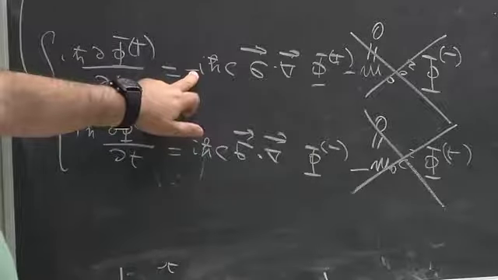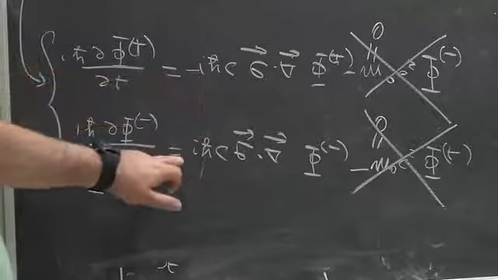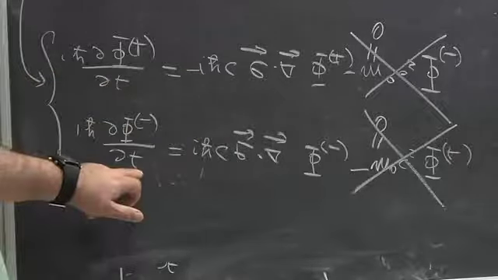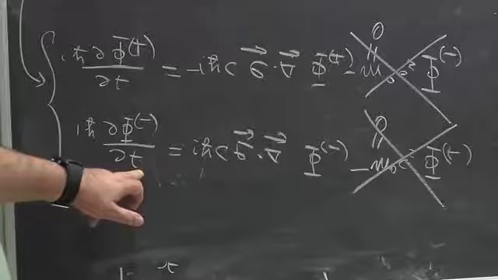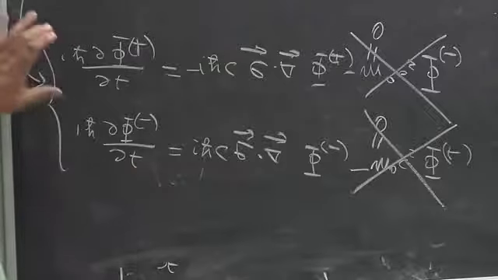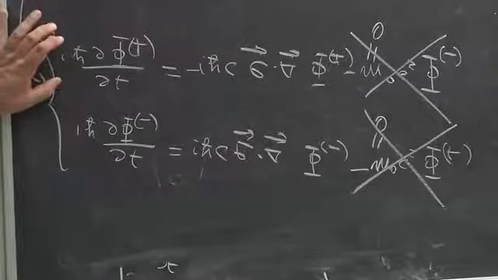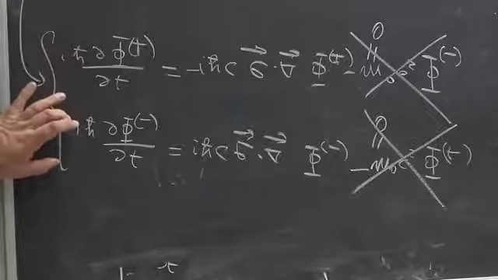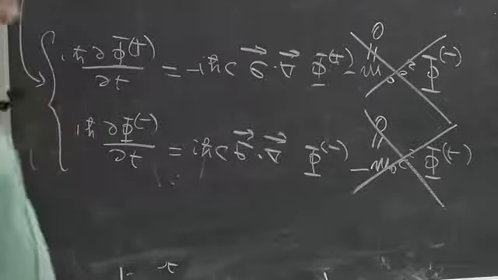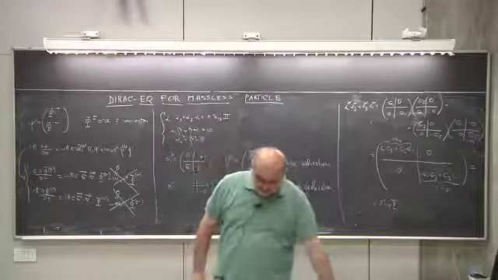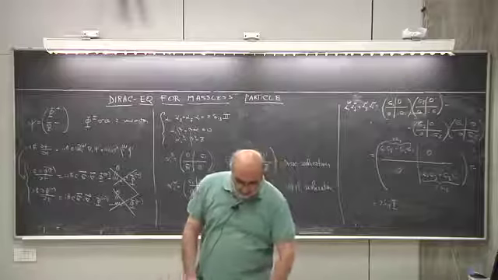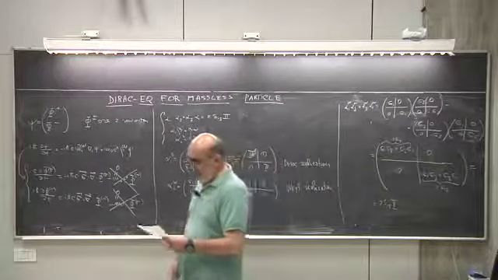One is the same as the other if t goes into minus t, so one equation is enough, either this or this. In the Weyl representation, when you have no mass, the equation becomes equivalent to a two-dimensional equation.